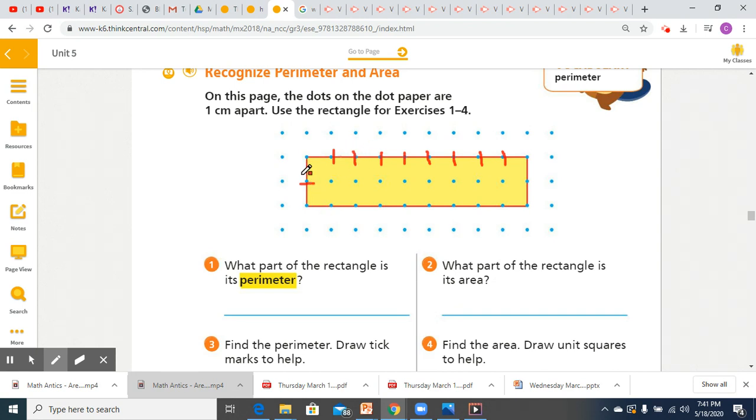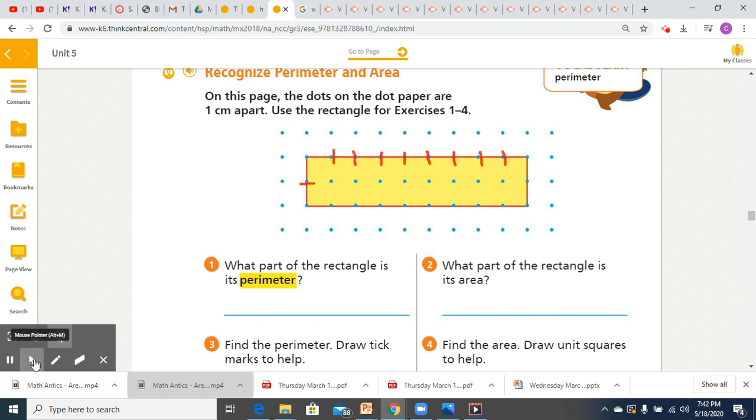Now, if you can see, I know now that this side has, and you can count with me, 1, 2, 3, 4, 5, 6, 7, 8, and 9 spaces, or 9 centimeters, or 9 unit squares, whatever it is that we're measuring, or whatever unit we're measuring the shape by.